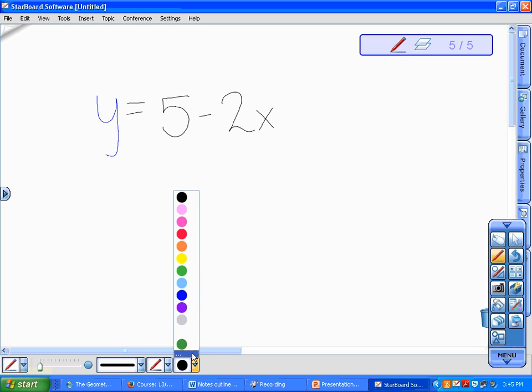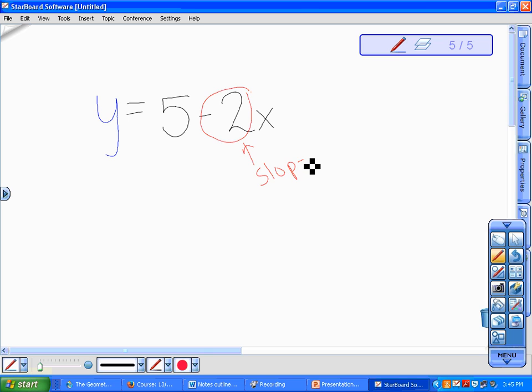First, I need to identify the slope. Recalling that the slope is the coefficient of the x variable, this value of -2 is my slope. It might be helpful to note that we can change -2 to be a fraction if we choose to divide it by 1. Mathematically, dividing a value by 1 does not change the number, but it simply makes it look like a fraction.